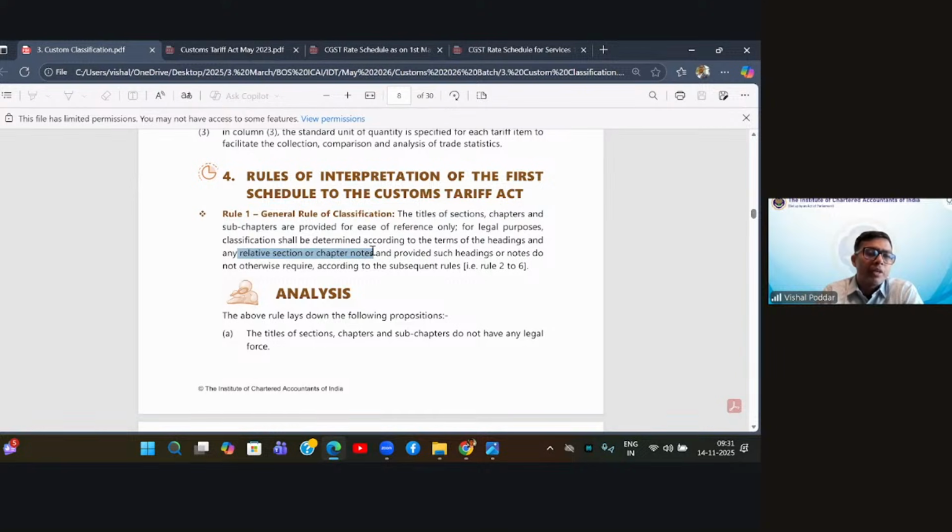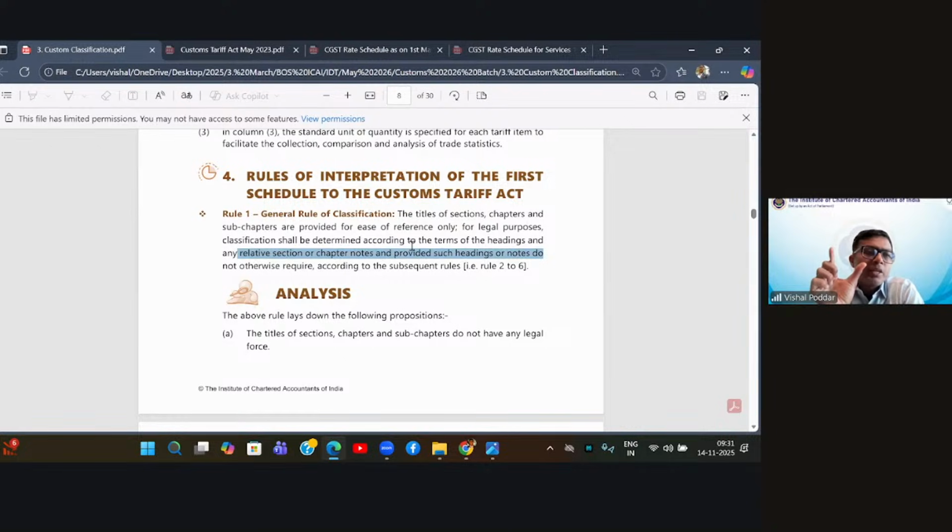I just showed you the various notes under the section and various notes under the chapters. So you have to go to the notes, read the notes given under various sections, chapters, headings, and only on the basis of these notes you will determine whether your goods will fall in that chapter, in that heading, in that subheading.